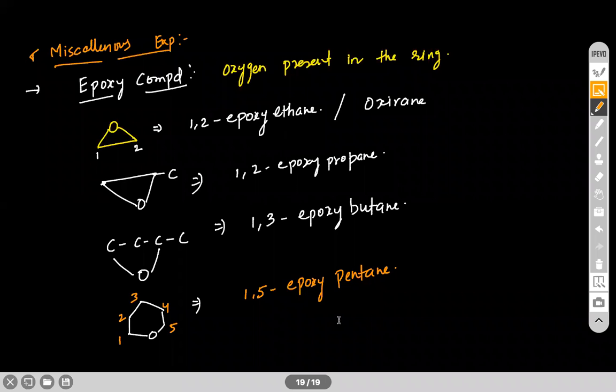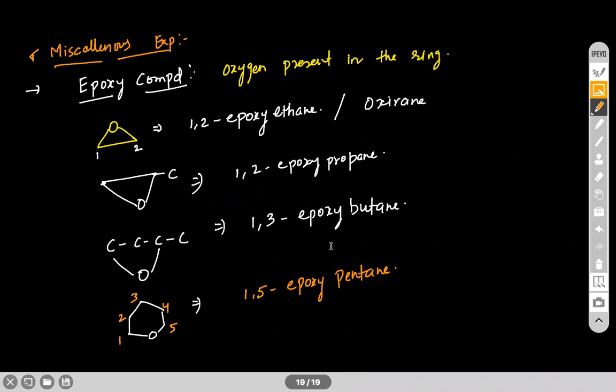It's not cyclo, Shraddha. For pentane, we have used the epoxy term over there, so the cyclo group is not needed. Epoxy means we already have a cyclic ring there. So cyclopentane we won't use. We simply write the number of carbon atoms, pentane.